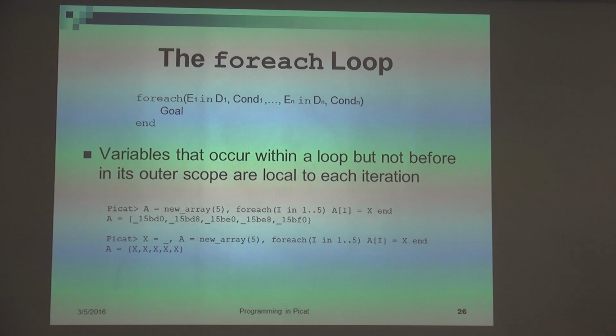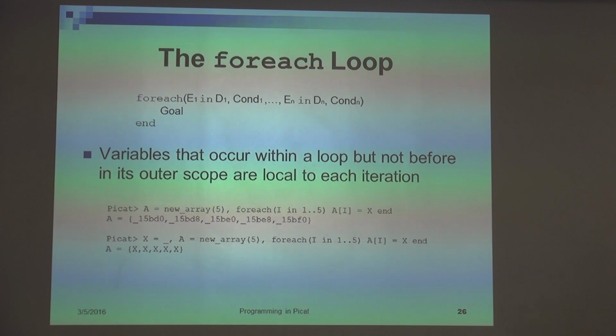All right. So loops. The foreach loop is the best type of loops. This is the syntax. Again, you have iterators and conditions. The semantics is very simple. For each combination of values, this goal is executed. Here again, you need to pay attention to the scopes of variables. The same scoping rule is used.